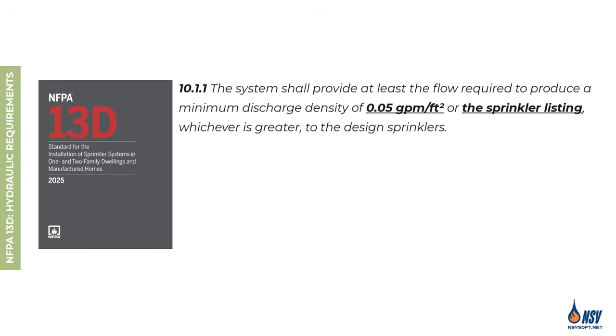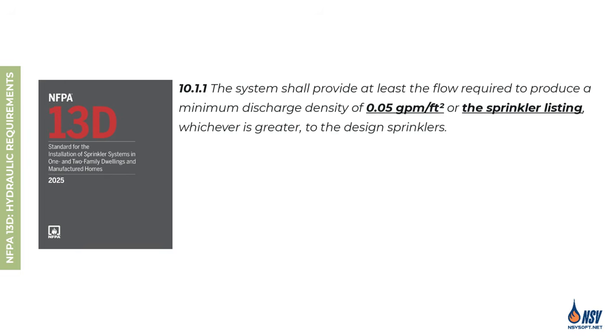Regarding sprinkler flow in hydraulic calculations, the standard states that the system shall provide at least the flow required to produce a minimum discharge density of 0.05 gallons per minute per square foot, or the sprinkler listing, whichever is greater. However, this minimum density of 0.05 gallons per minute per square foot is not the design requirement for the hydraulic calculation of an NFPA 13D system.